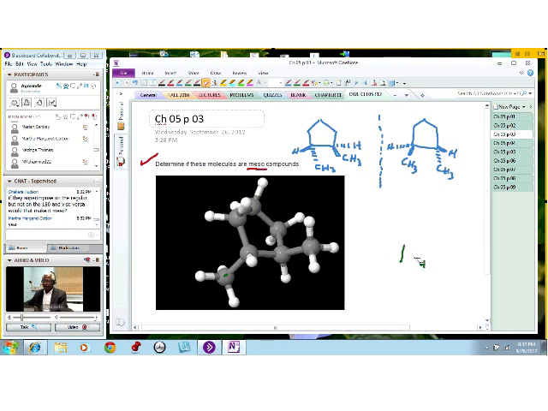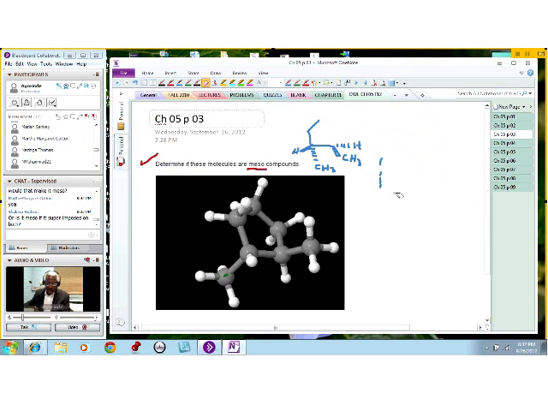Supposing I give you this molecule here. Is it meso if it superimposes on both? Yes, it is meso if both of the mirror images superimpose on each other.